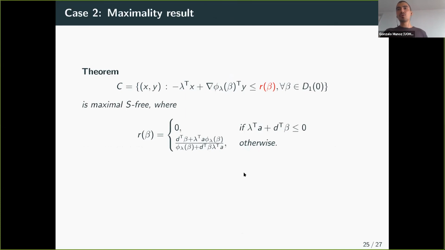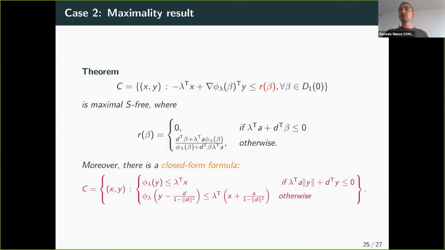So just to show you, R beta looks like this, and we were able to prove that this gives you a maximal S3 set. And there's a very interesting fact here that we still don't fully understand. R beta happens to be the optimal dual solution of the optimization problem that defines phi, which was very surprising, in case someone is interested in those kind of things.